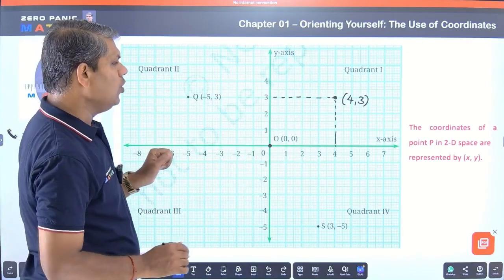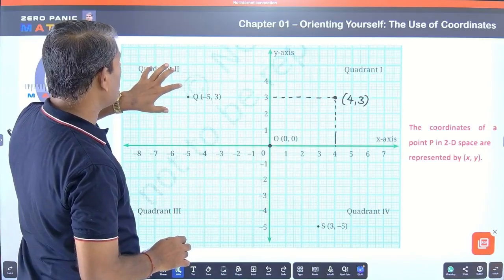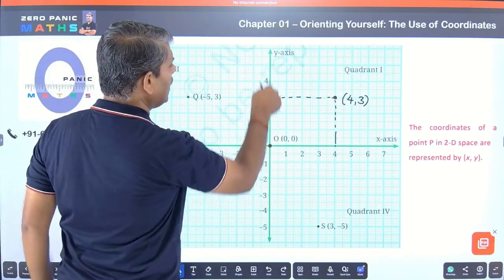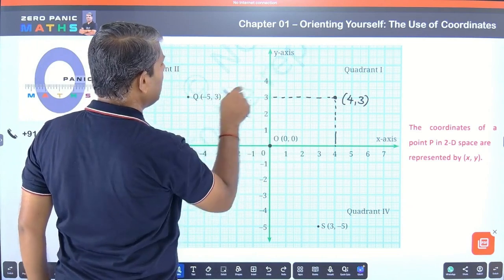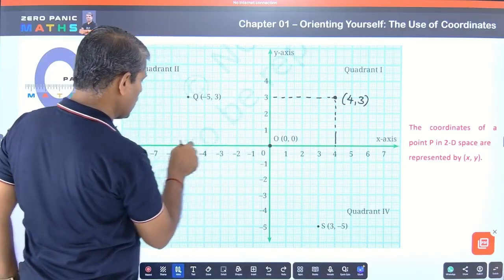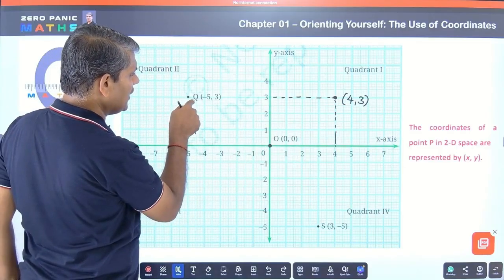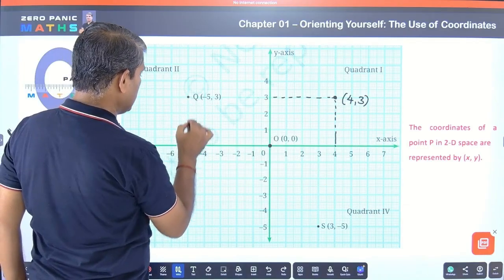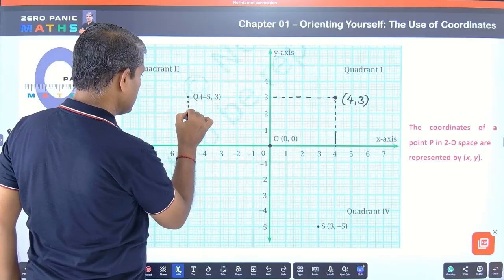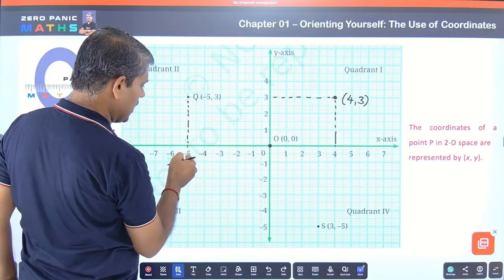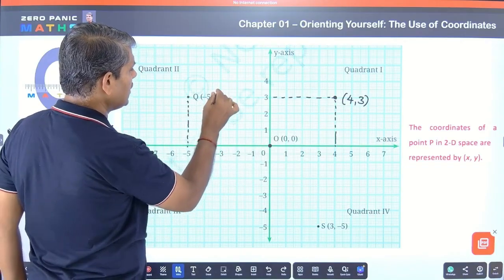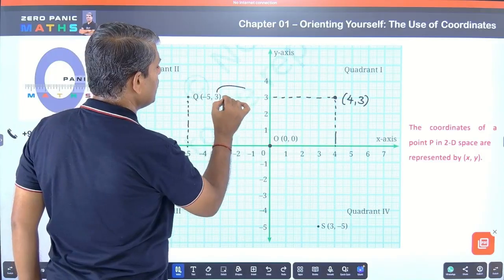Okay, now the second quadrant will be a little bit different, because the y coordinate value in the second quadrant is positive, but the x coordinate value is negative. You can see the point Q. What is this? This point is -5 for the x coordinate. The x coordinate is negative, whereas the y coordinate is positive here.